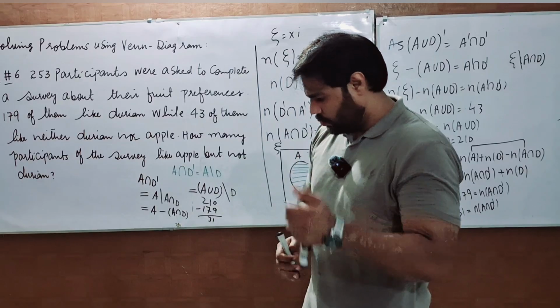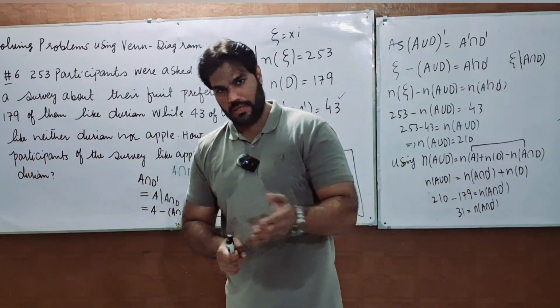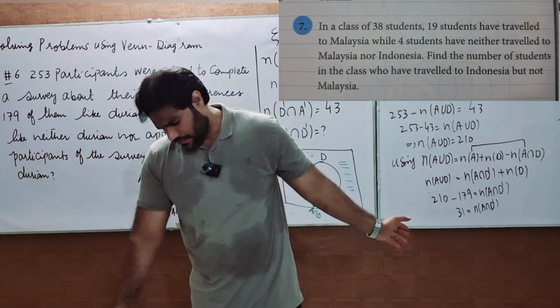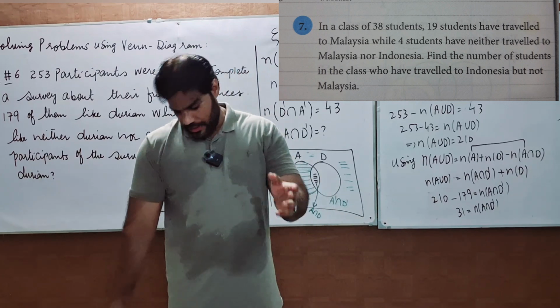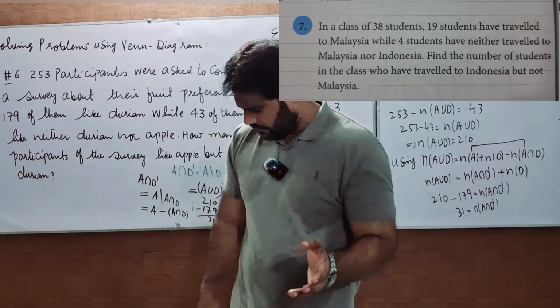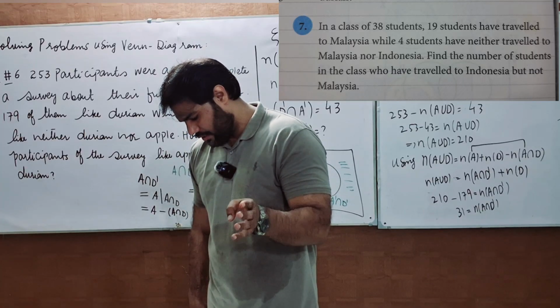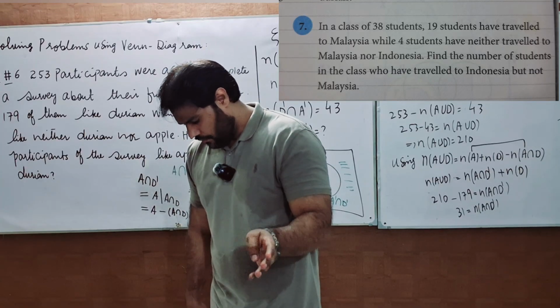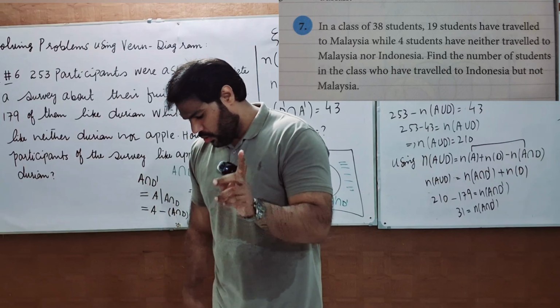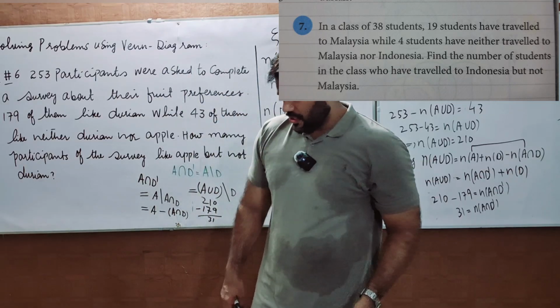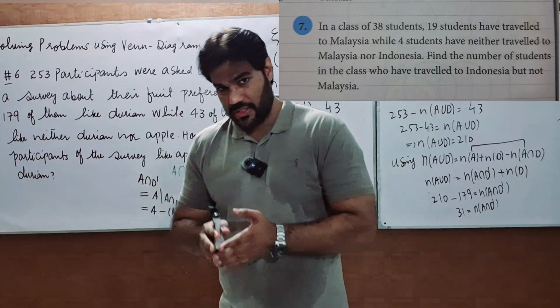In a similar way, you can solve question number 7 available in this textbook. The question number 7 is here. In a class of 38 students, 19 students have traveled to Malaysia, while 4 students have neither traveled to Malaysia nor Indonesia. Find the number of students in the class who have traveled to Indonesia but not Malaysia. It is the same scenario as question number 6.